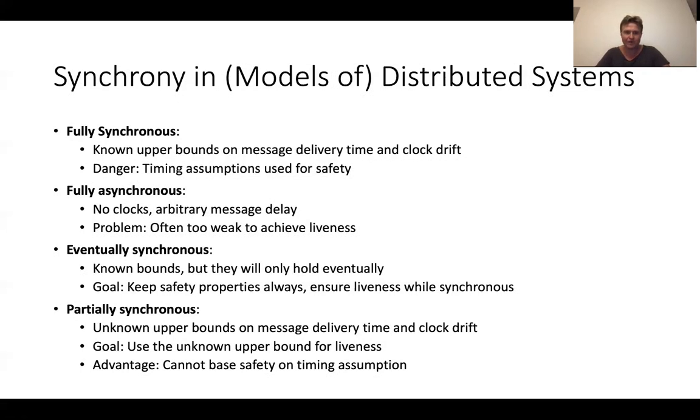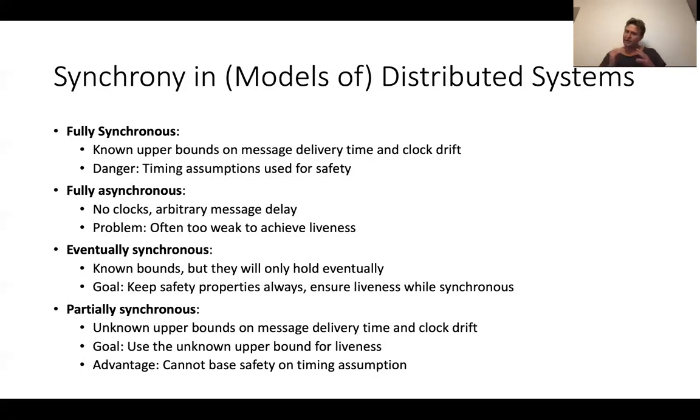A much more realistic model, which tries to put itself in between, is the so-called eventually synchronous model. What it has in common with the fully synchronous model is we're going to assume that clocks are synchronized, that clocks are relatively close to physical time. And we will also assume an upper bound on message delivery.